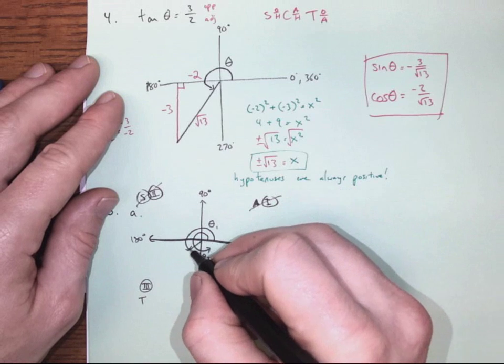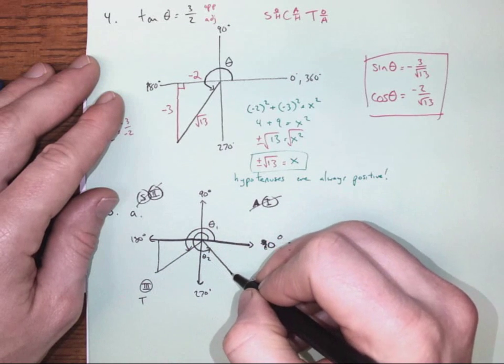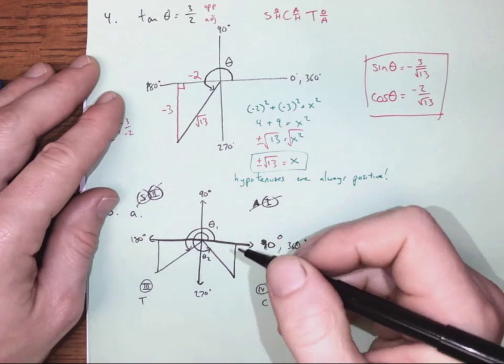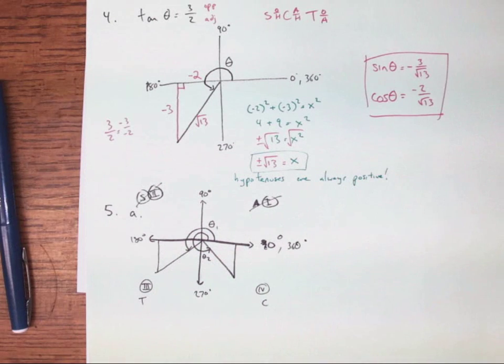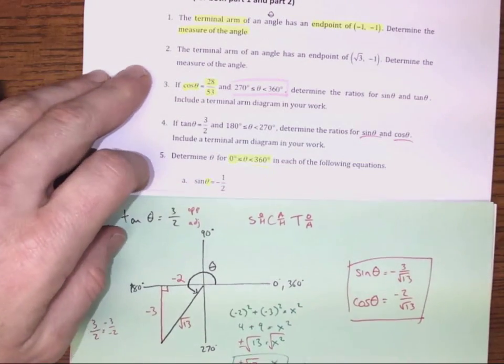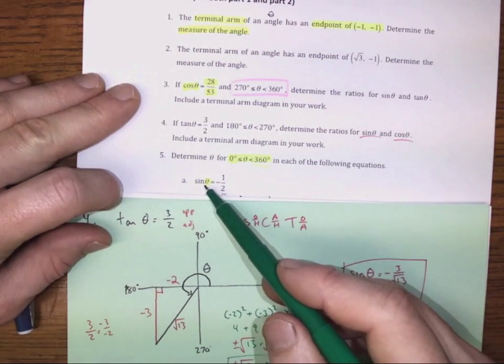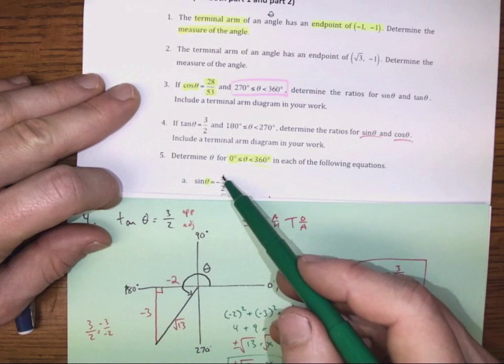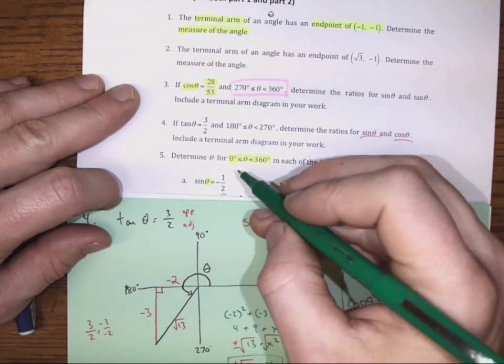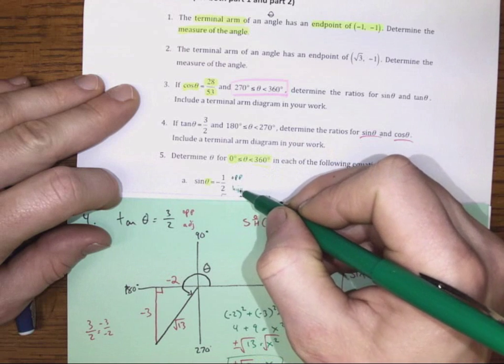Okay. And what are we told here? We're told that the sine ratio is negative 1 over 2, meaning the opposite over the hypotenuse is negative 1 over 2. Now we know hypotenuses are always positive, so what that really means is we have a negative 1 opposite and a hypotenuse of 2.